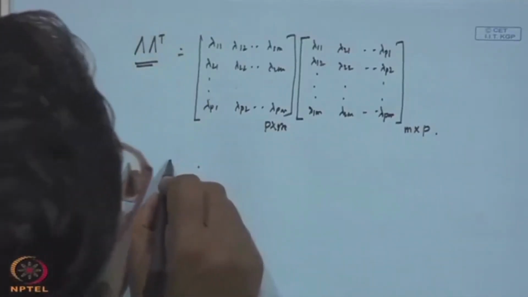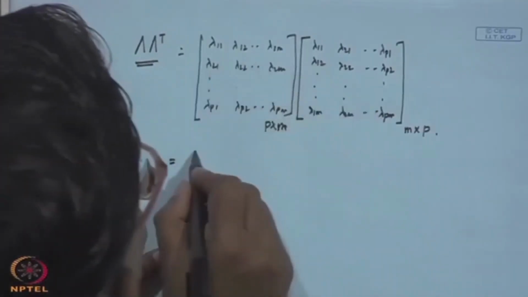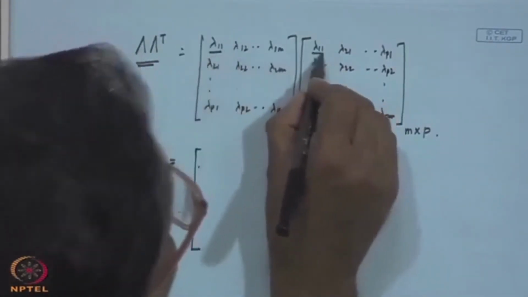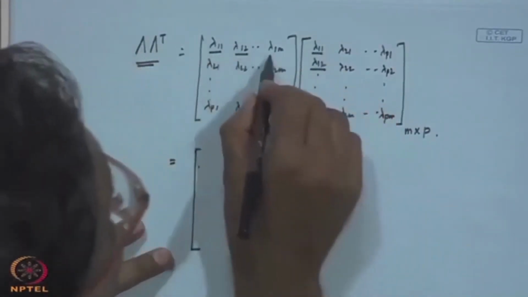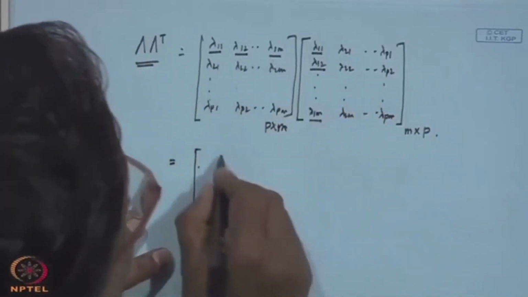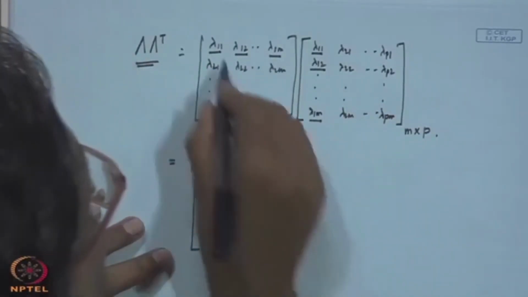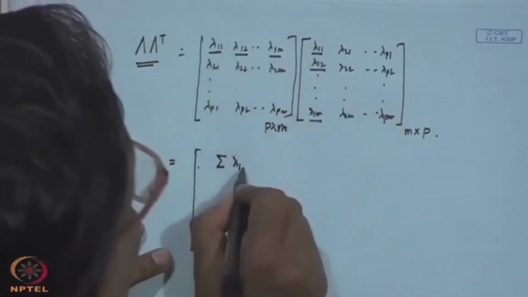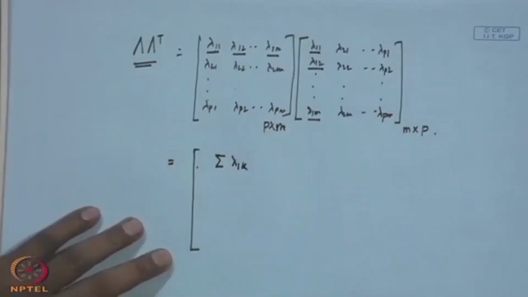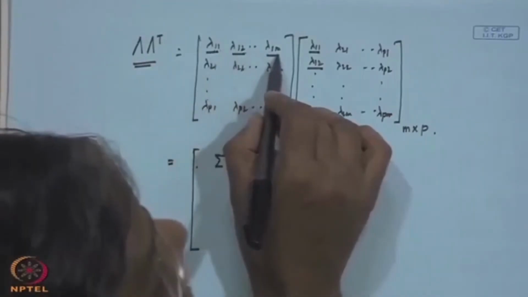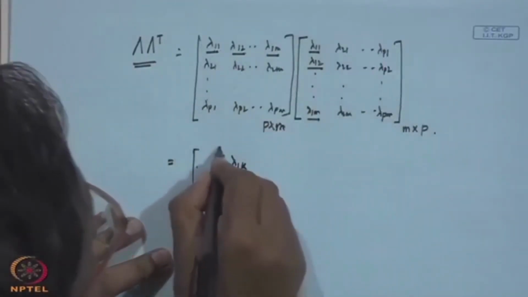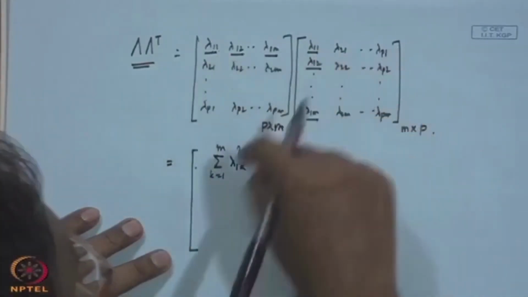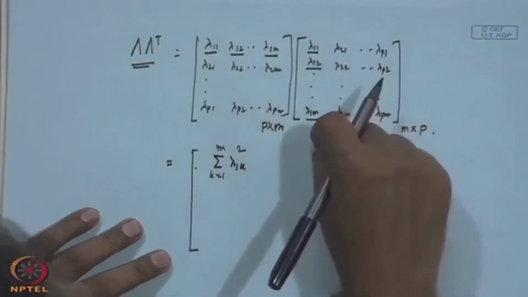Okay. So, if you just multiply the matrix, lambda 1 1 into lambda 1 1, lambda 1 2 into lambda 1 2, lambda 1 m into lambda 1 m. What is changing here? This 1 remains constant, but k is basically 1 to m, the factor is changing, and this squared: lambda 1 1 square plus lambda 1 2 square plus lambda 1 m square, like this.